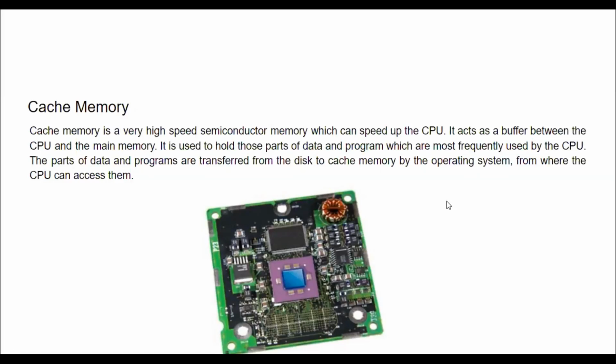It is used to hold those parts of data and programs which are most frequently used by the central processing unit. The parts of data and programs are transferred from the disk to cache memory by the operating system, from where the CPU can access them.